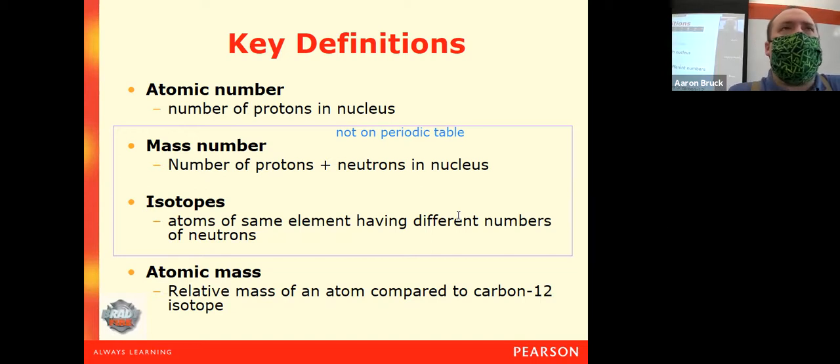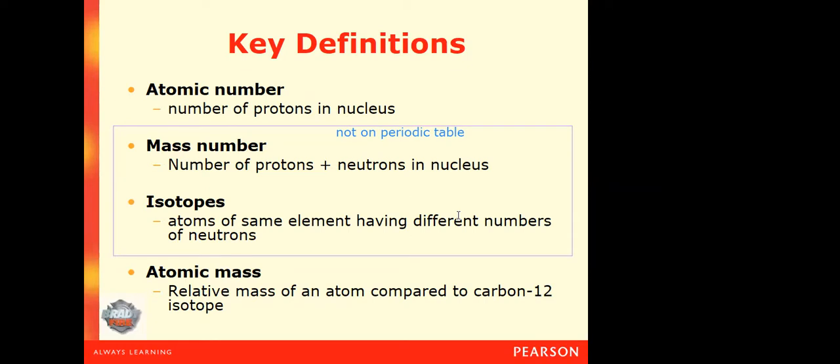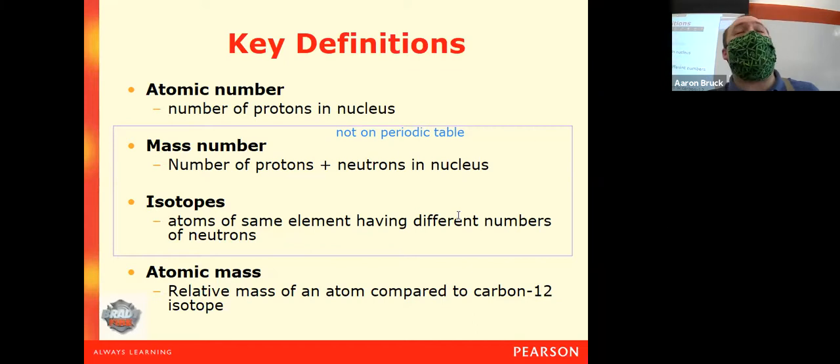And there is carbon-14, which has 6 protons, 8 neutrons, and 6 electrons. The thing that differentiates those isotopes from each other is their mass number. And we identify them based upon their mass number.